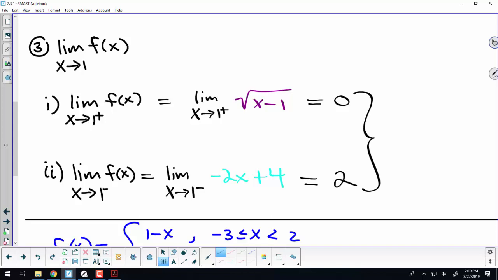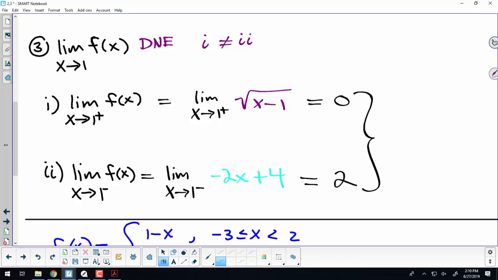I'll just write it up here. So just take a shortcut. 0 does not equal 2. Meaning this limit is not equal to this limit.